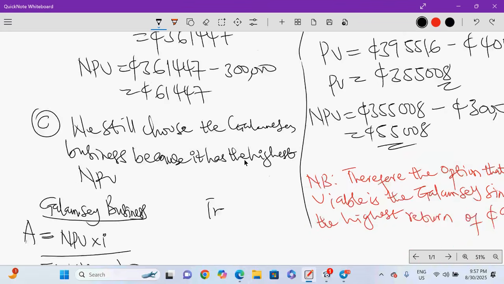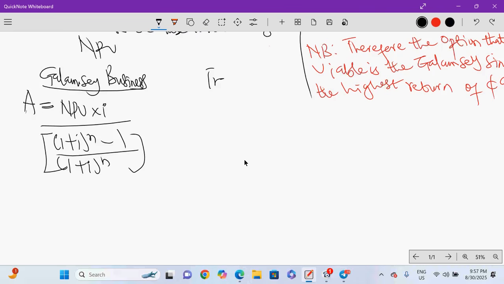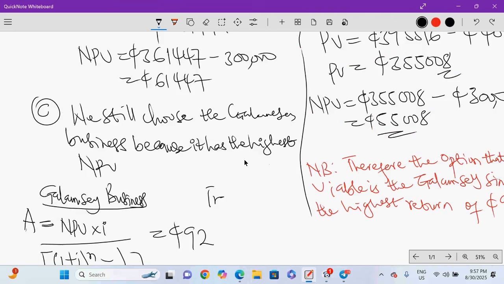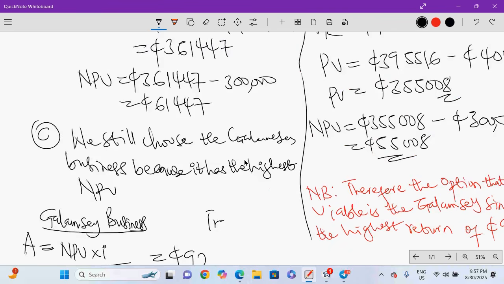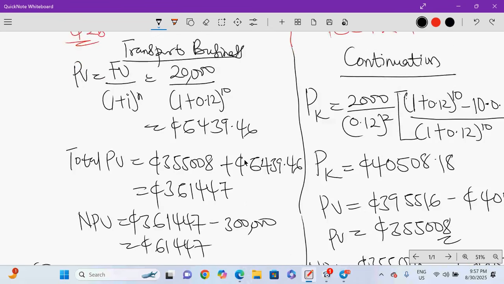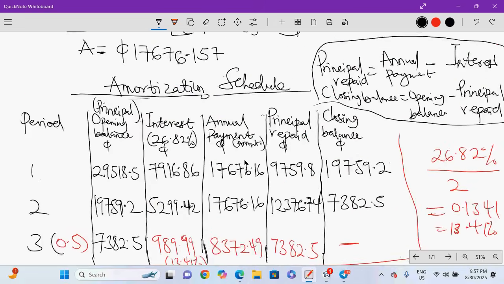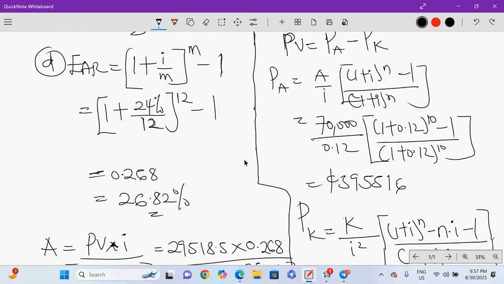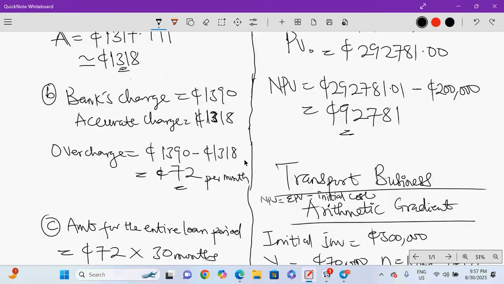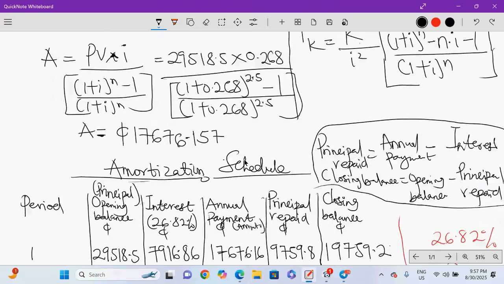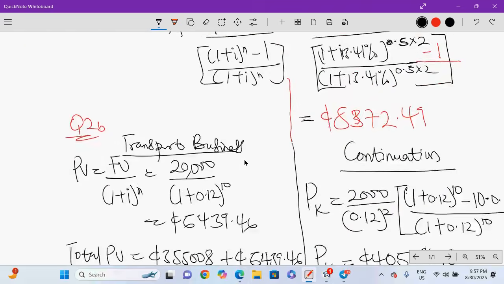What NPV did we get for Galamsey? 92,781.